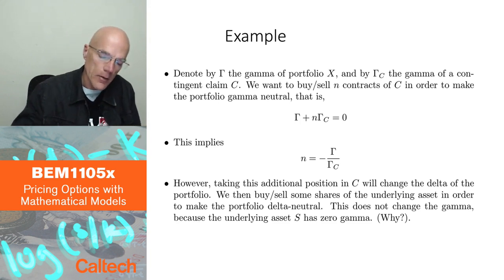So if you buy or sell n units of claim C, your total gamma will be original gamma plus n times gamma of the claim C, or 1 unit of claim C.